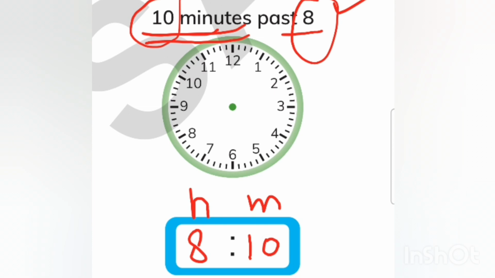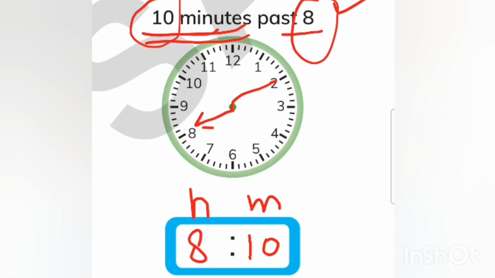Now what do we have to do? Put the small needle between 8 and 9, a little bit away from 8, because not too much time has passed. The small needle is showing the hour, and the big needle is on 2, because there is no 10.